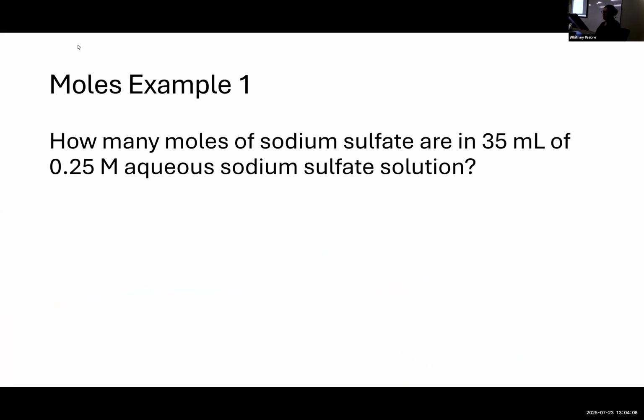Let's practice. How many moles of sodium sulfate are in 35 milliliters of 0.25 molar aqueous sodium sulfate solution? Before I can really do anything, I like to make it a habit of knowing what sodium sulfate is. Sodium is a metal, column 1, so what charge should I give it?